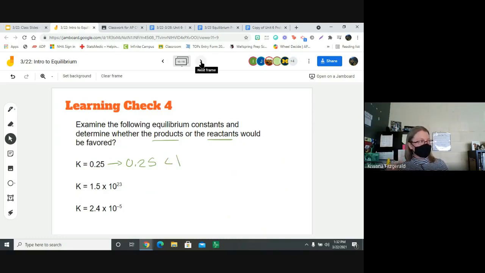Did you learn it the alligator way in elementary school? That's what I remember. And people at home are saying less, thank you. So this is less than 1. So we have to think back, it's less than 1, which means the bottom number has to be bigger mathematically. So here my reactants would be greater than the products. So my reactants are favored.